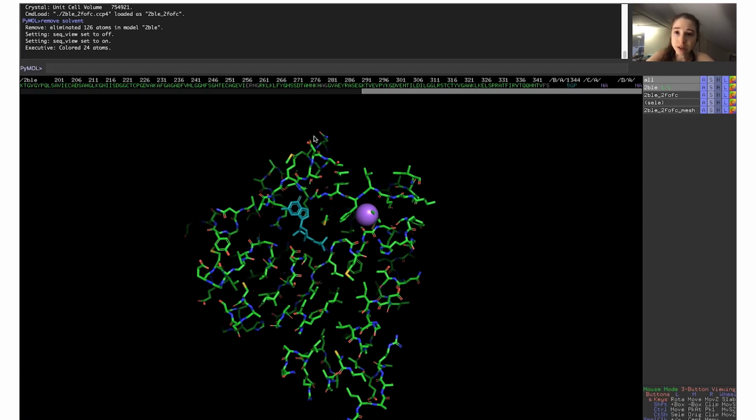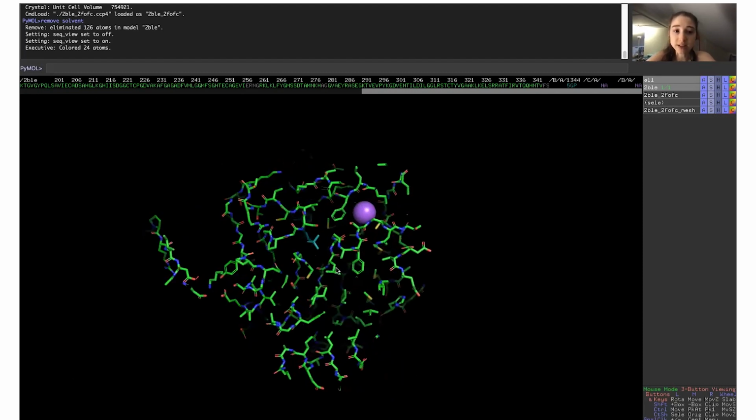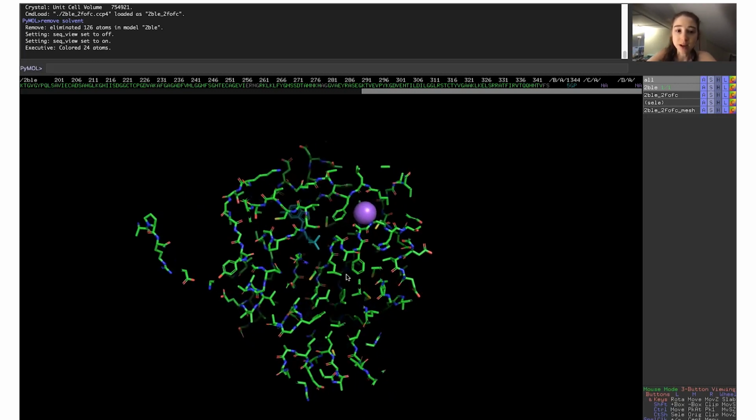Whereas with high resolution data, you can more accurately determine, yes, this is where this is supposed to go. But have caution when you're looking at a structure that's just sticks. If you really care about a region especially, you want to go and look at the actual electron density maps, or at least look at the B factors.